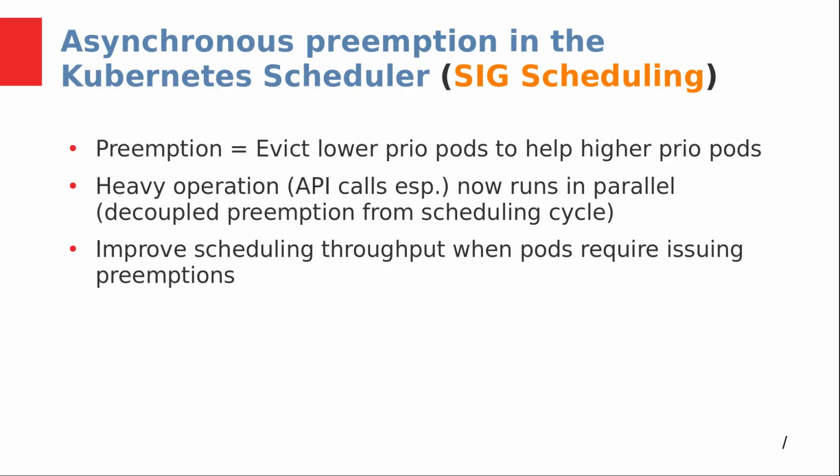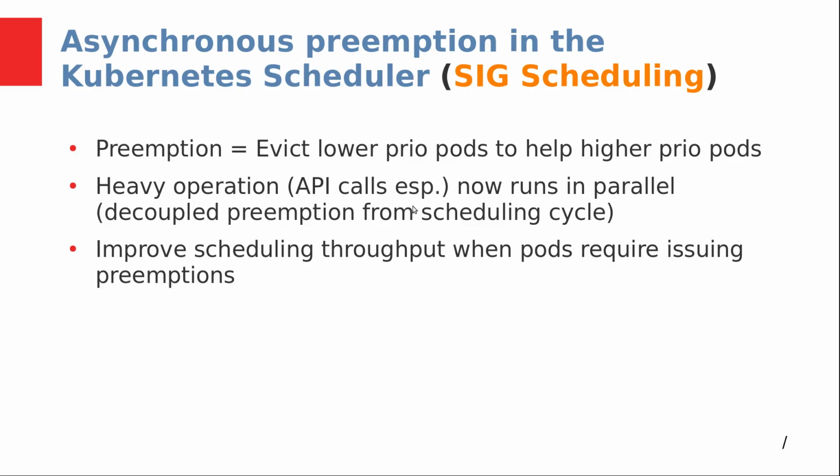The first one is asynchronous preemption in the Kubernetes scheduler, and this is brought from the feature group, special interest group scheduling. Now, preemption, if you don't know, is when you evict lower priority pods to help the higher priority pods get scheduled. And it's a heavy operation.